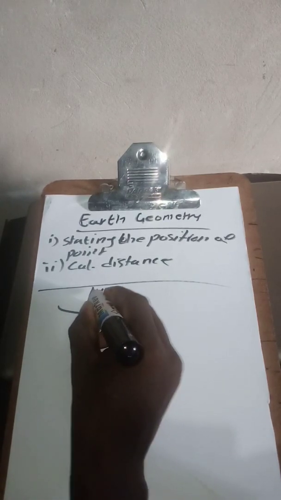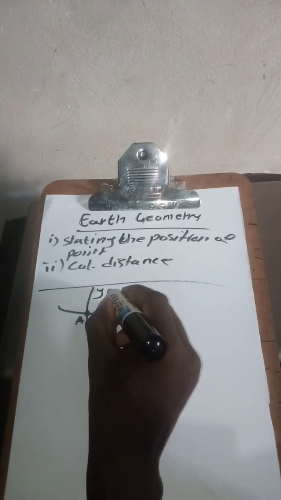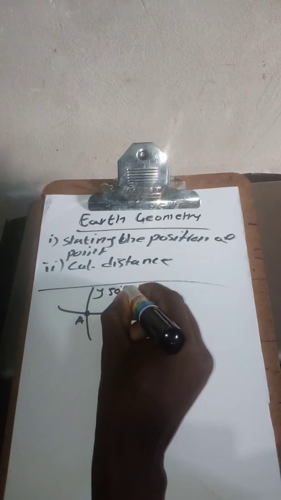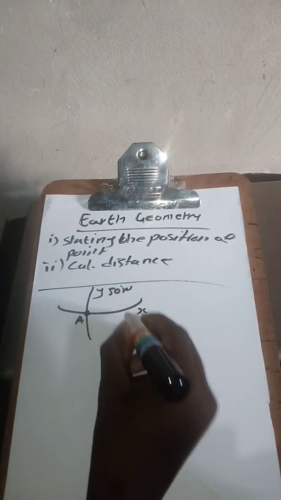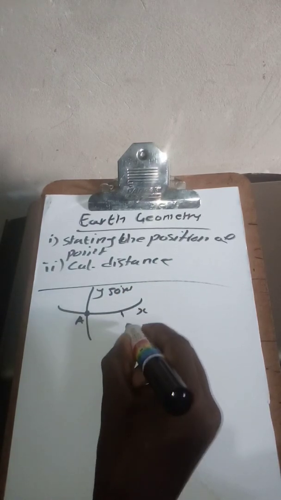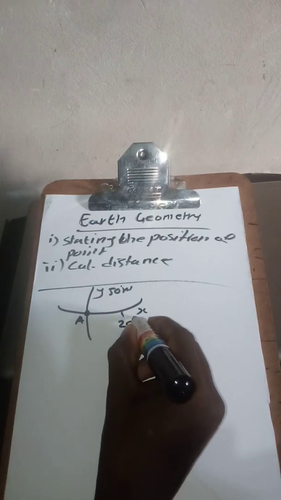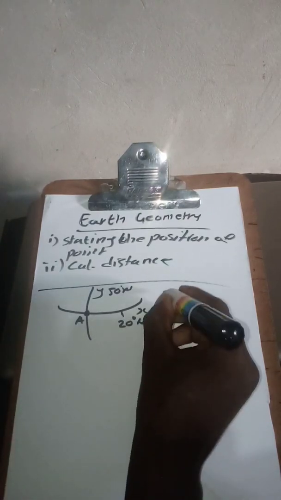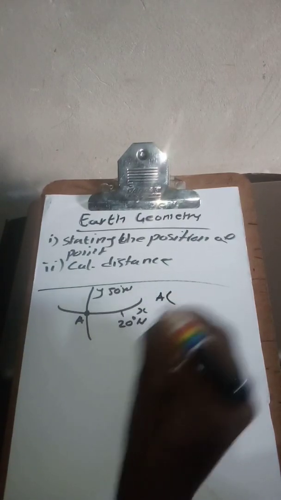So for example, if you have a point here, let's say this is point A, then you are to say this longitude is, let's say, 50 degrees west. Then this latitude, we say it is 20 degrees north. So now someone asks you to state the position of this point. What you do is you put A here, you open the bracket.